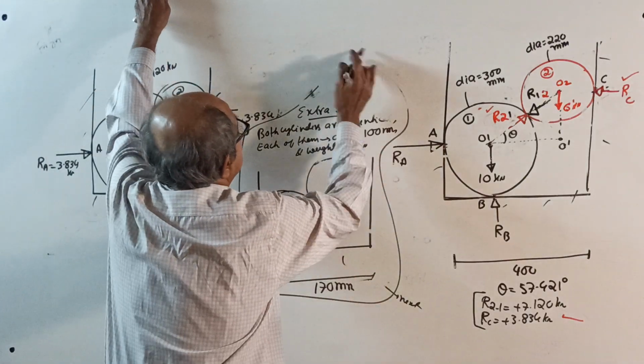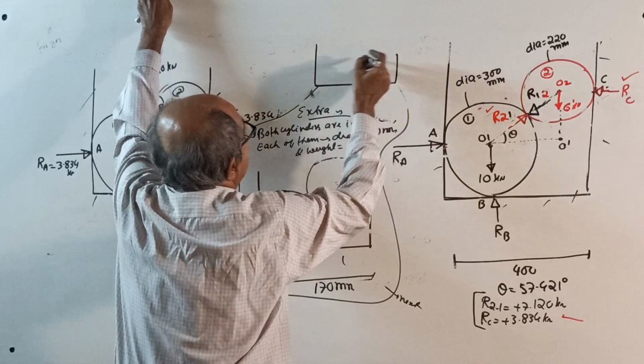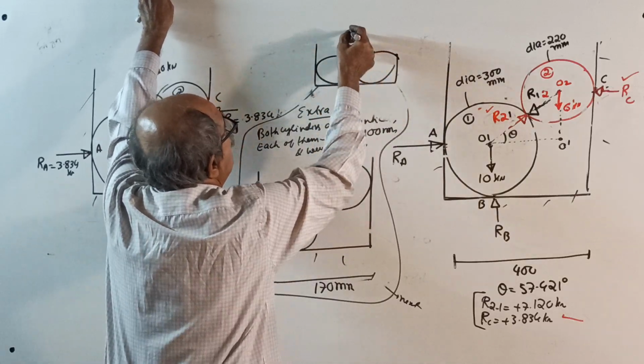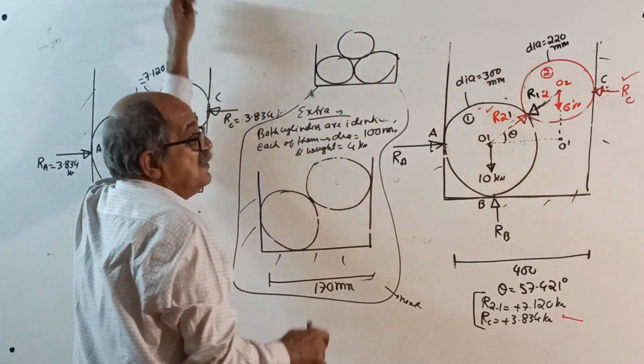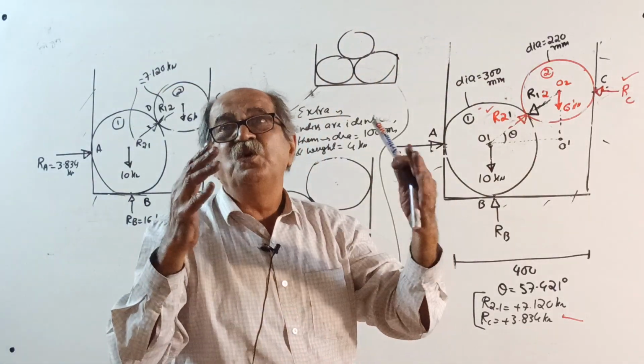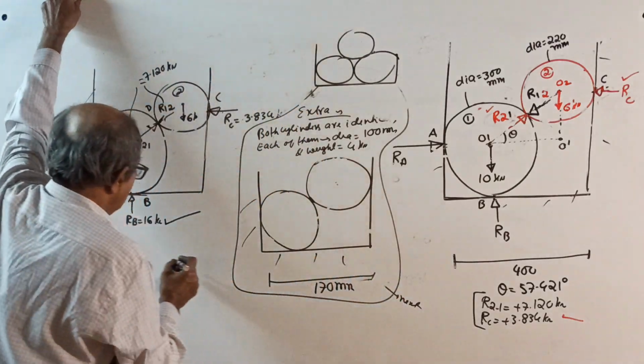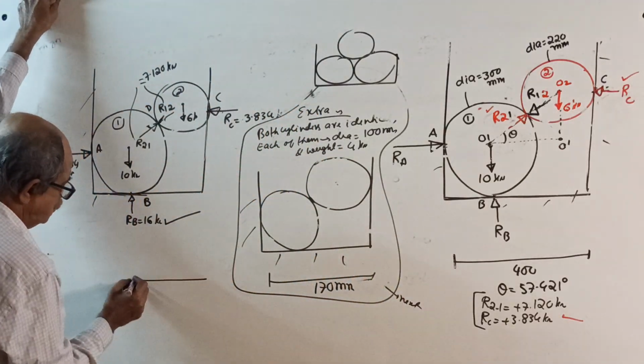Last question is 2 cylinders here and one more cylinder above that one. It's like you store laddus. See how people store in hotels. Have you seen laddu storage?